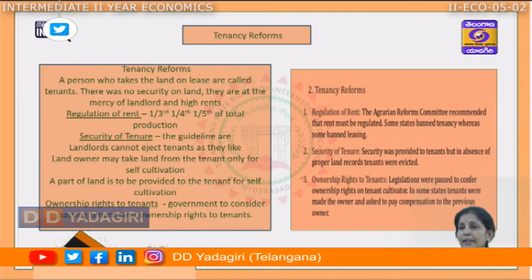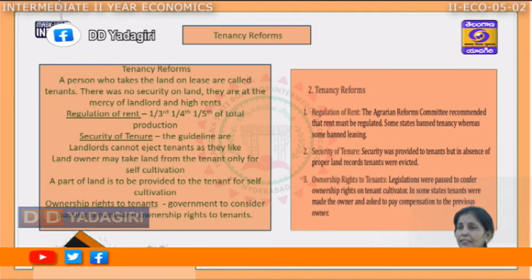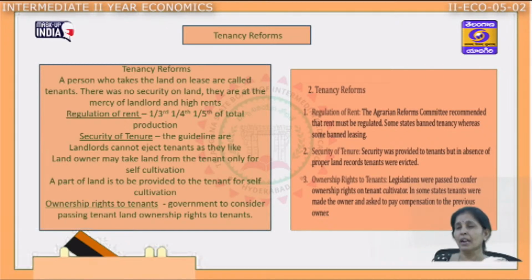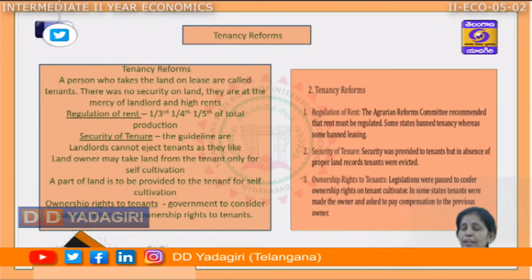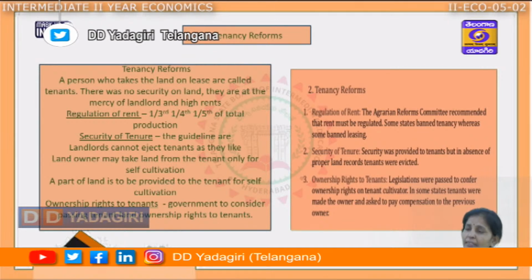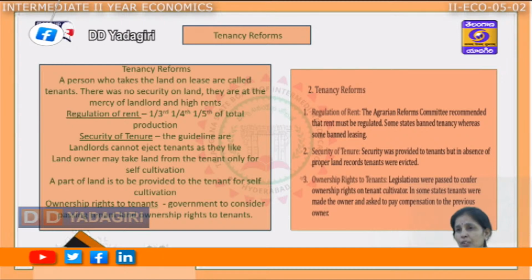That is, an agreement will be entered into between the landlord and the farmer, and within the agreement period, as long as the tenant is paying the rent, the landlord has no right to take away the land. So this security was provided to the tenants so that they can invest money and their services to increase agriculture cultivation. The next one is providing ownership rights to the tenants.